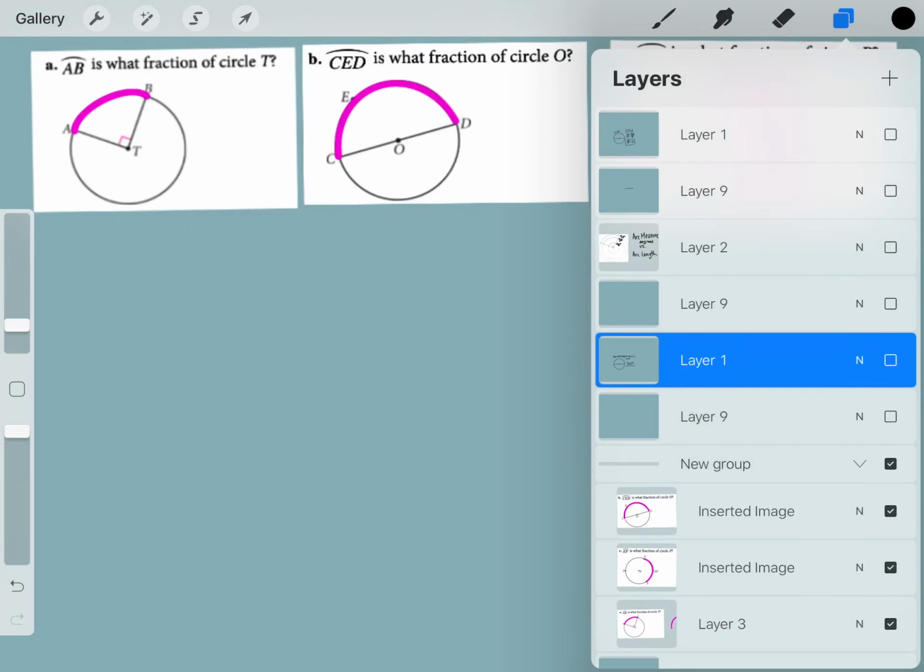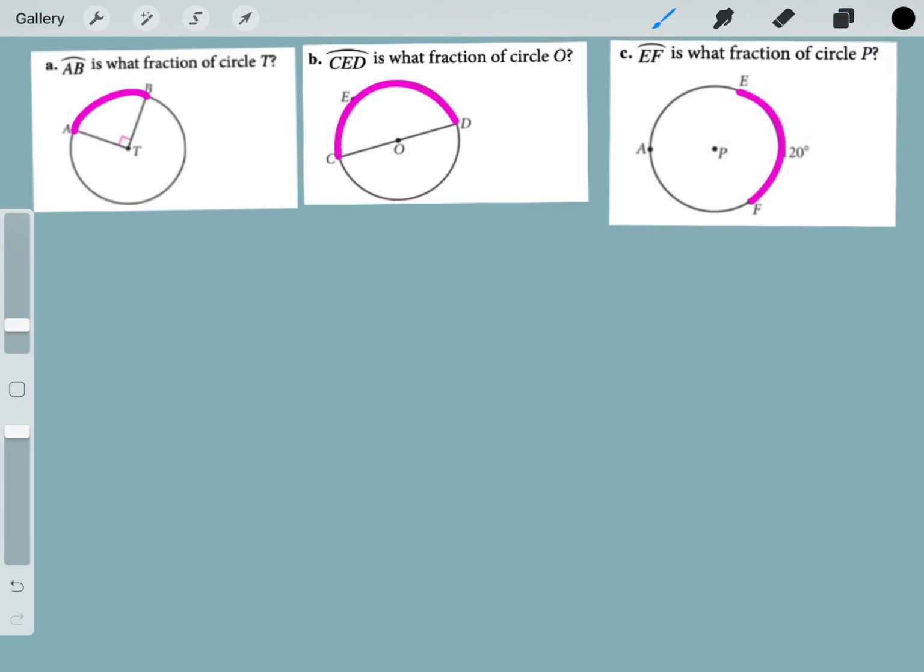So let's look at each of these images. We have 3 arcs here. I highlighted them in pink to be specific. So this arc right here on the left is arc AB. The second one in the middle is arc CED. It's a semicircle. And then we also have this arc EF. And it says arc EF is 120 degrees.